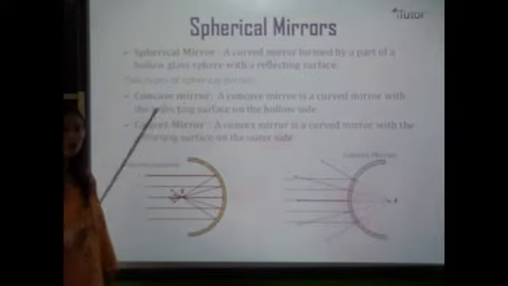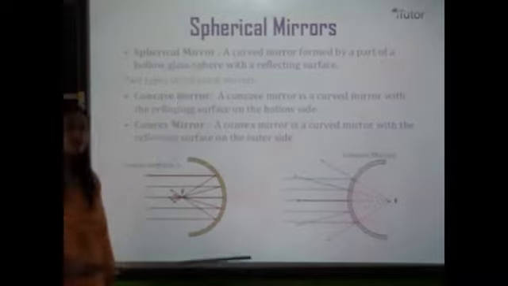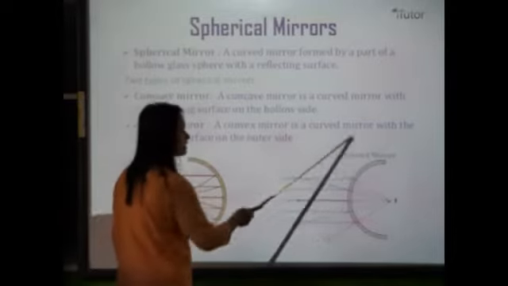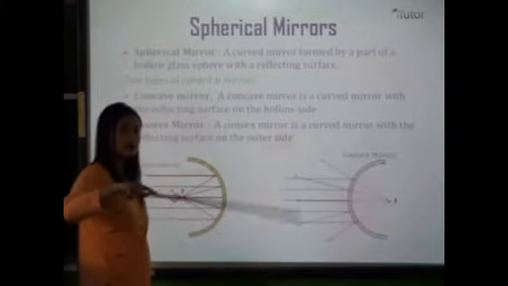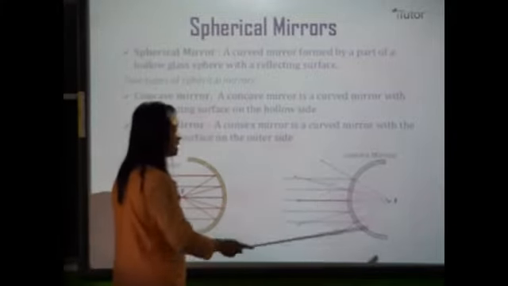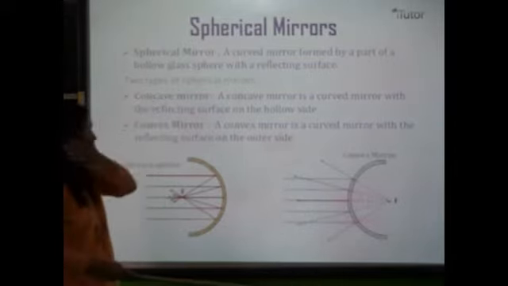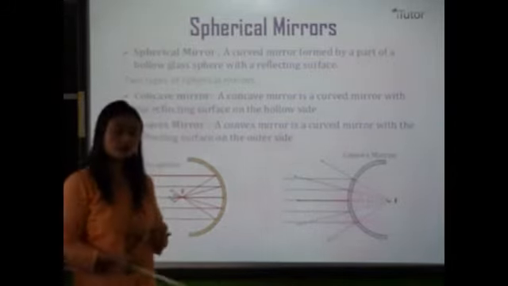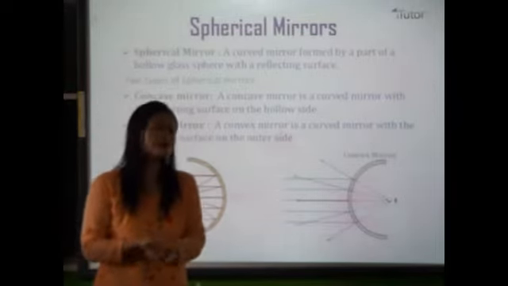A convex mirror is also a curved mirror, with the reflecting surface on the outer side. So for a convex mirror, the silvered surface is inside. That means the inner part is silver and the outer part is your reflecting surface. Like, you have seen a spoon, isn't it? Everyone uses a spoon at home.